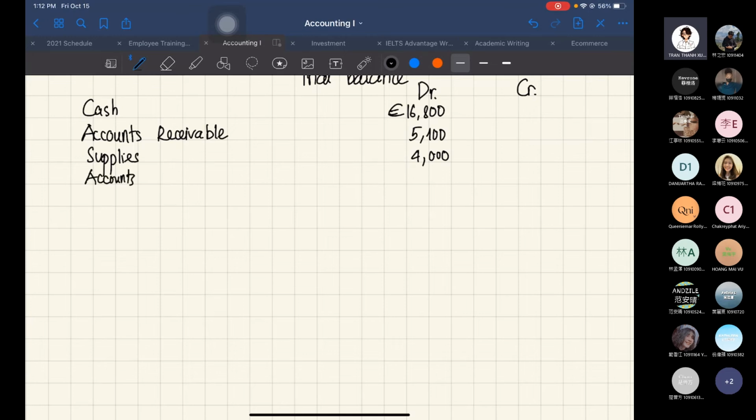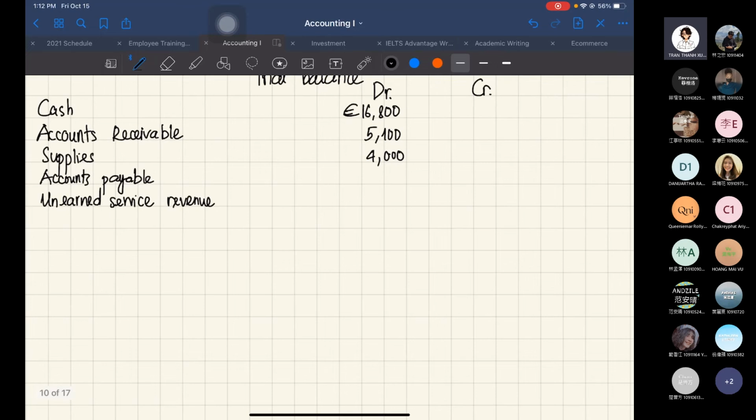Going to liabilities. Okay. Which side are you going to choose? Left or right? Why? Yes. Done?